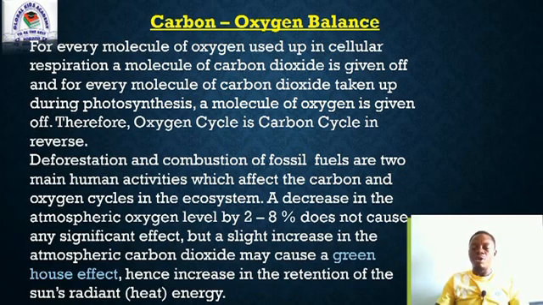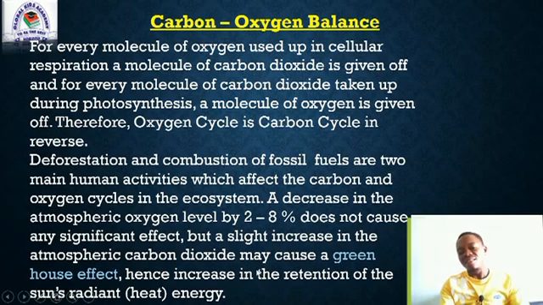And combustion is the burning of fuels, fossil fuels such as firewood, coal, natural gas. Anything that is burning in the presence of oxygen is combustion. So these distort or affect the ecosystem, and these are some of the human activities.